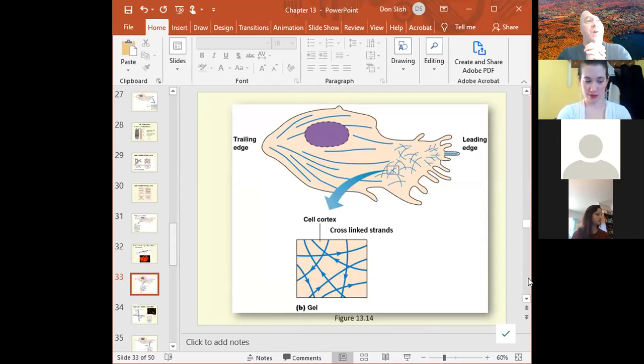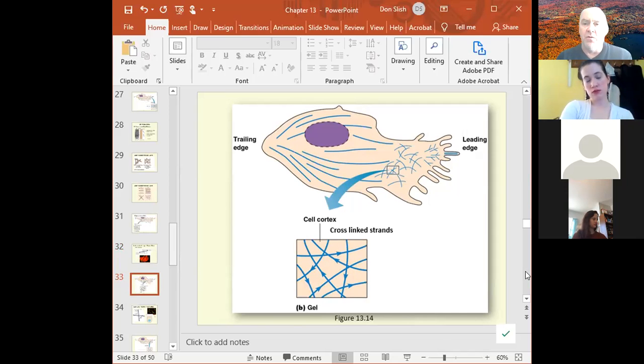Jello is made from long sugar chains that you melt, right? And when you put gelatin in the hot water, it melts, and all these chains go straight. And then you let it cool, and then they cross each other and stick to each other, and you get this three-dimensional mesh. And the cell cortex is the same thing, except they're microfilaments.